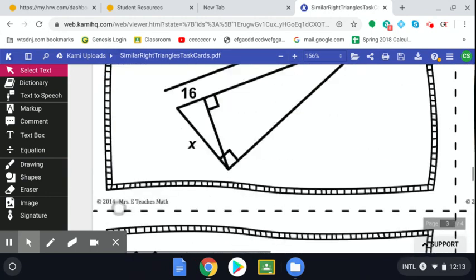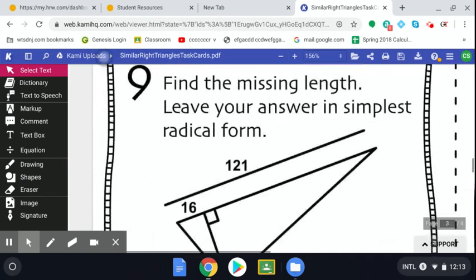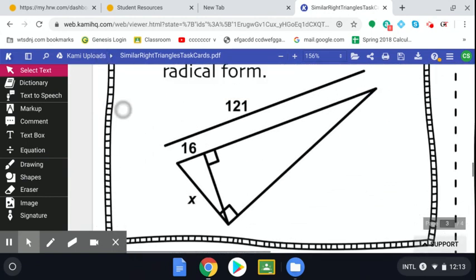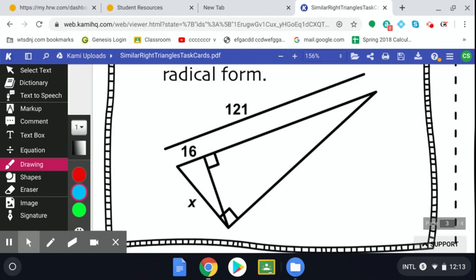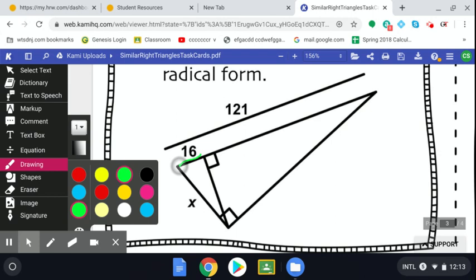Okay. Moving on nicely to number 9. So here when I look at this one, I see the little triangle here, and then I'm going to use the outside because there isn't much that the middle triangle is offering me.